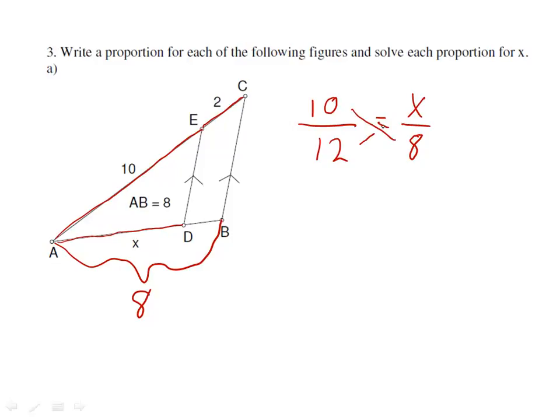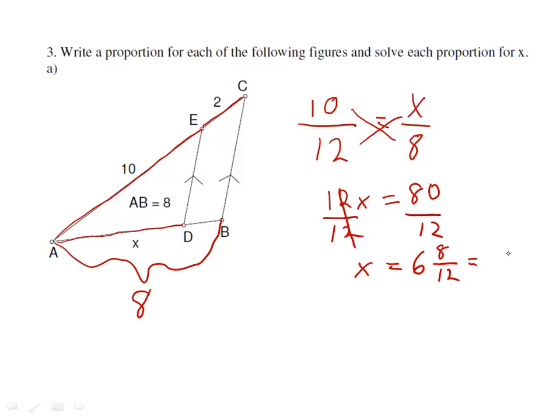Alright, now how many times are we doing proportions in this particular lesson or chapter? 12x equals 80, so we divide by 12 and we get that x equals, 12 goes into 80 6 times with 8 left over, which is 6 2/3. And that's that one.